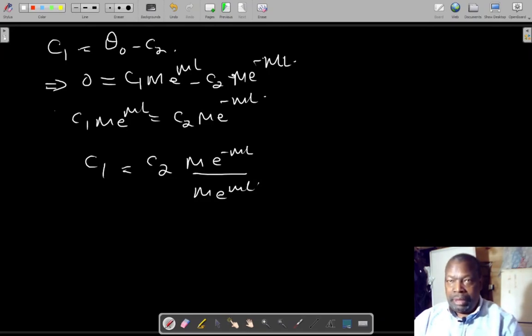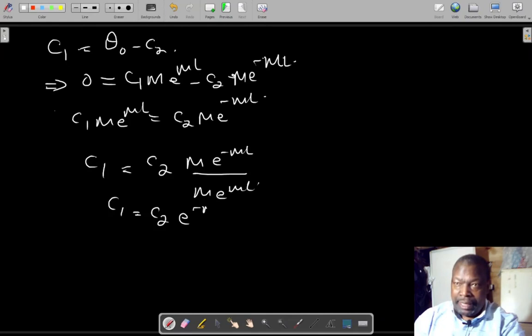The m cancels out, and we are left with C1 equal to C2 e^(-mL) over e^(mL).